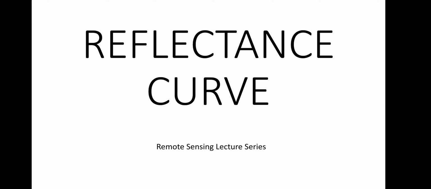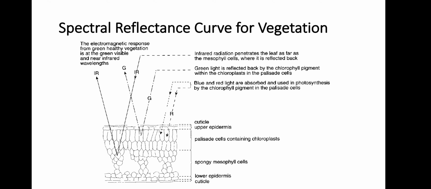Our first case study will be on the spectral reflectance curve for vegetation. The spectral reflectance curve for a healthy green vegetation exhibits peaks and valleys as illustrated in the figure.